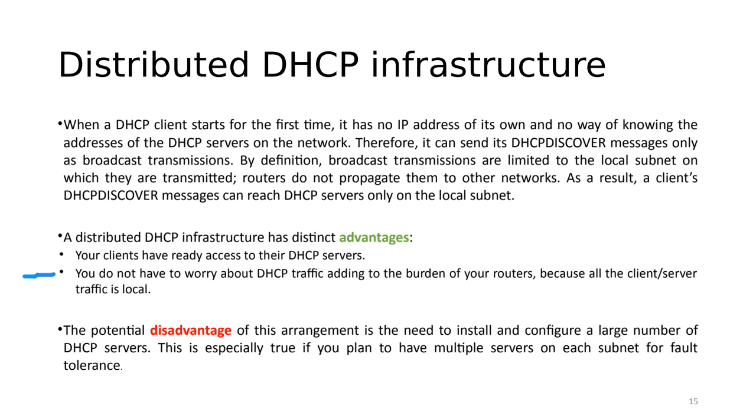In the other network, I have another DHCP. So everyone is getting from their dedicated DHCP server. The potential disadvantage, what do you think? You need so many. It will cost more work, especially if you want not only one DHCP server but two for redundancy, in case one fails, the other one will work.